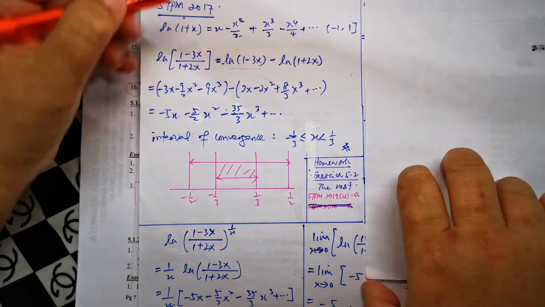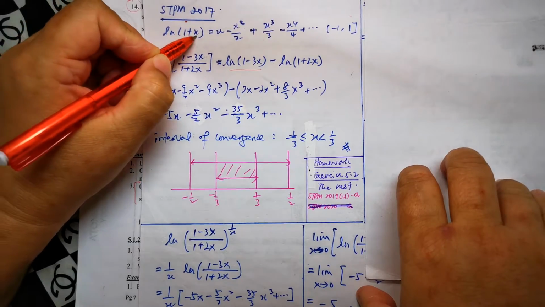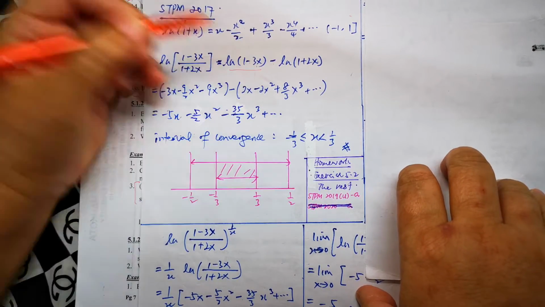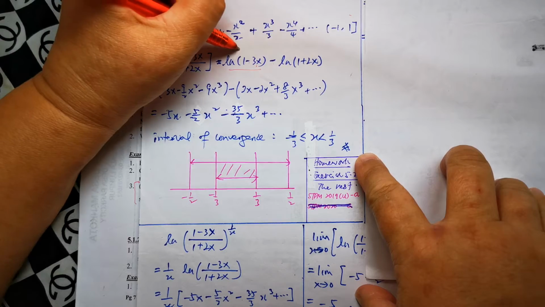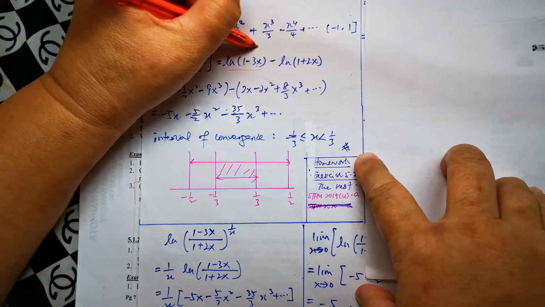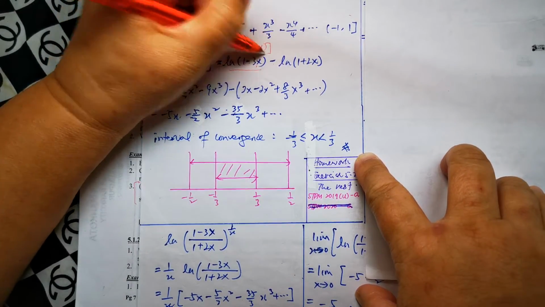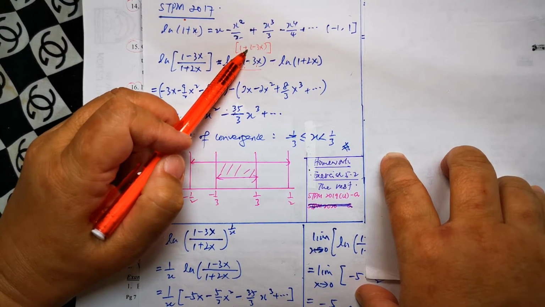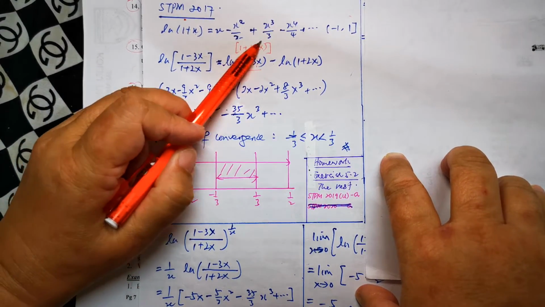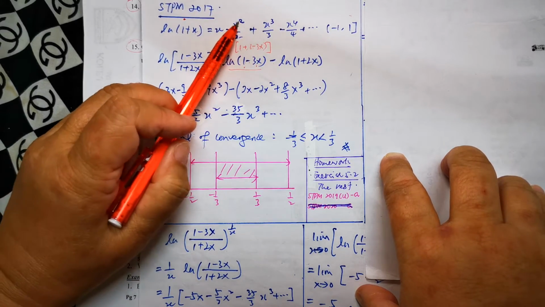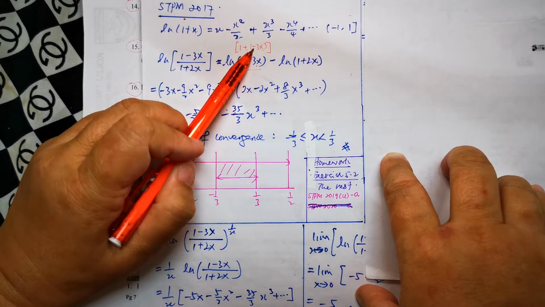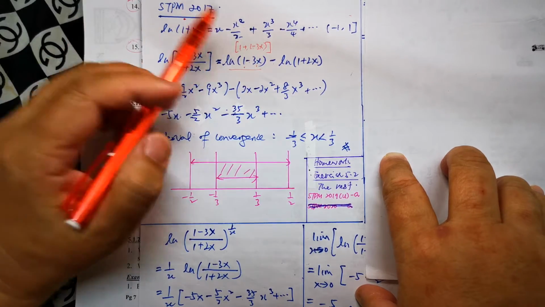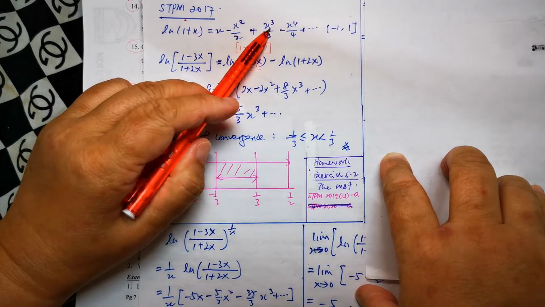So you see what we want is 1 plus x, but this is 1 minus 3x. So 1 minus 3x you can write as 1 plus negative 3x. So now the x that you're going to substitute into the standard Maclaurin series is negative 3x. All your x become negative 3x.